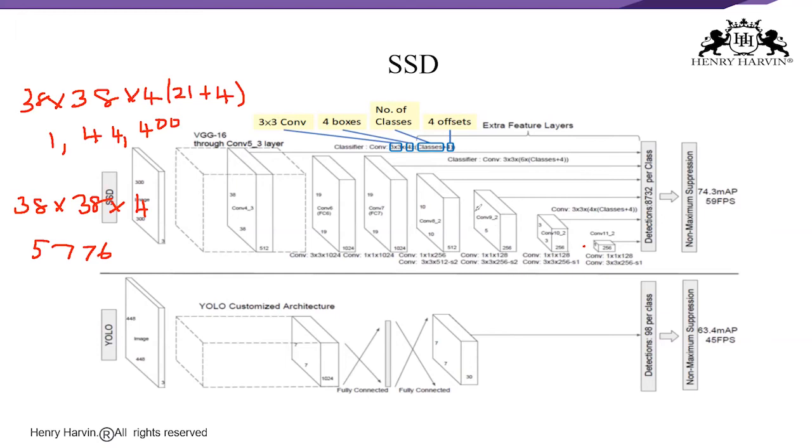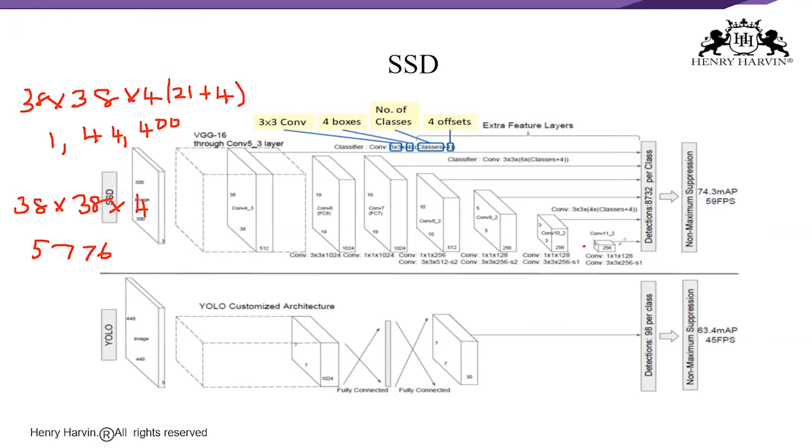In conv10_2, 3 into 3 into 4 gives 36 boxes, 4 boxes for each location. And conv11_2, 1 into 1 into 4, gives 4 boxes.